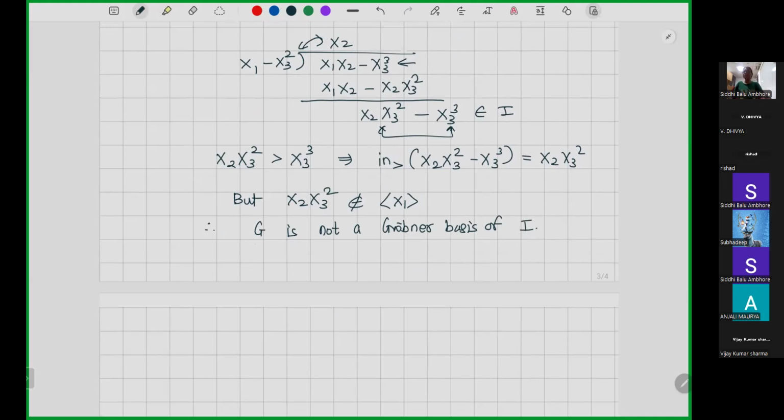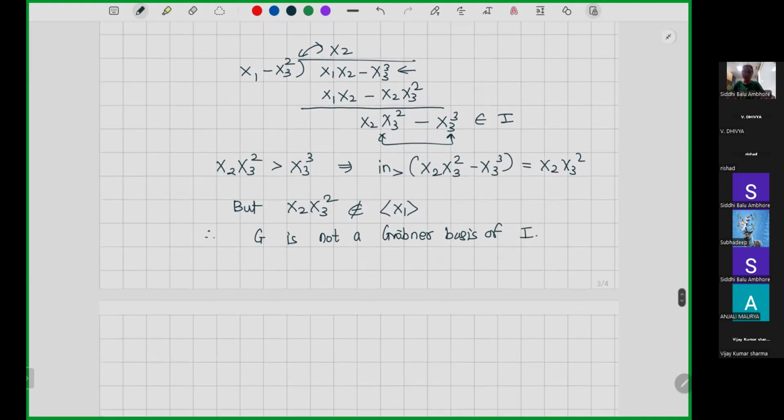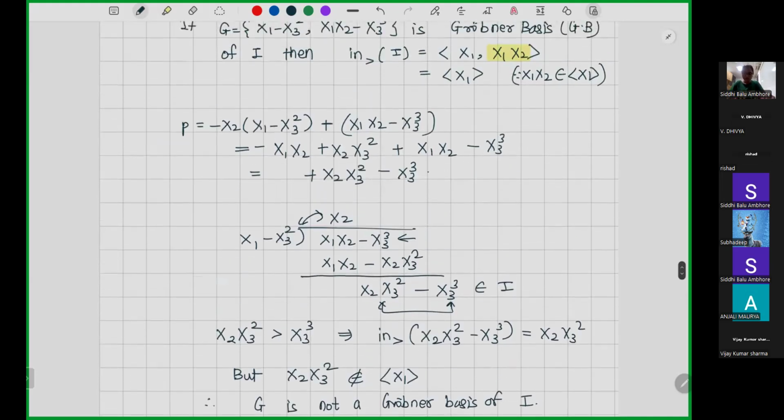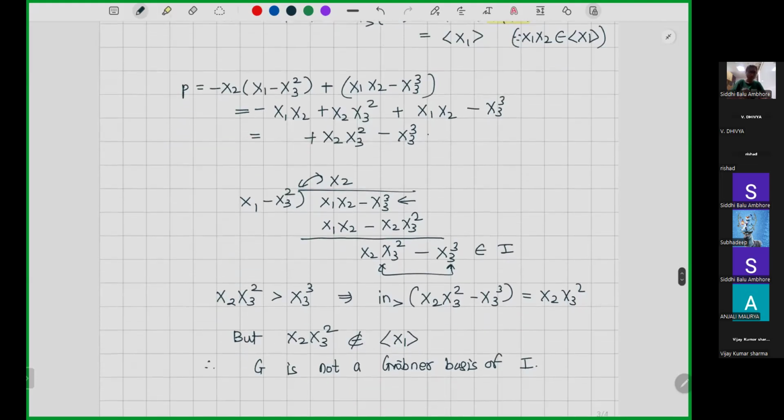Yeah. What is the name of the polynomial that you said, which has not been covered yet? You said that some polynomial is there. S polynomial. Oh, S polynomial, yes.